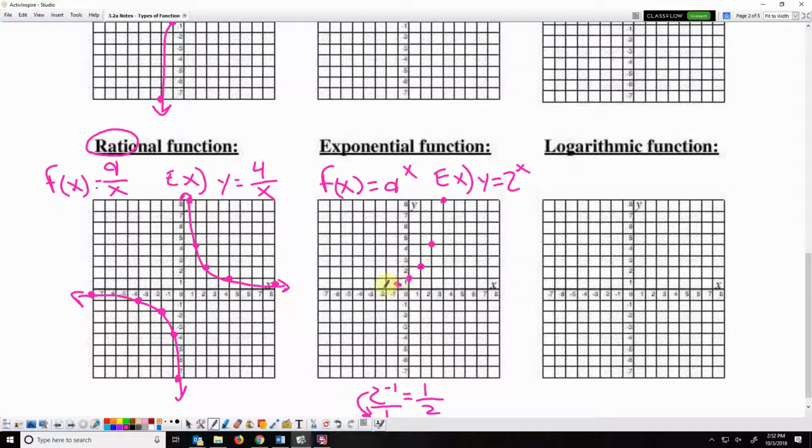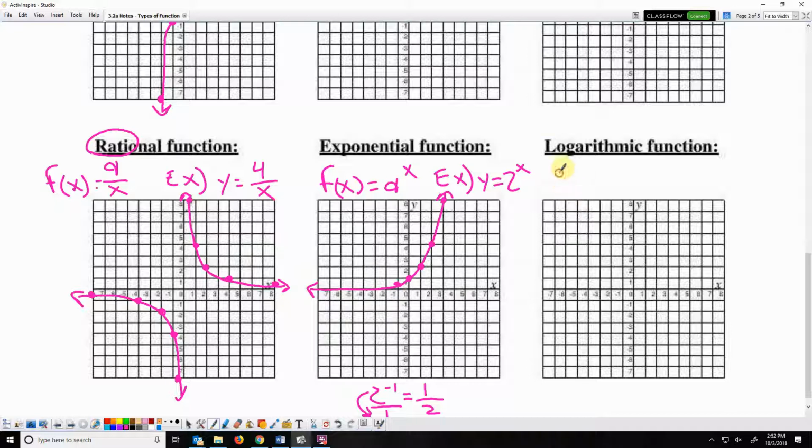Now I don't have the precision here to do any closer to y equals 0 than that. So this graph looks like this, and y is never actually going to reach 0. It's going to hug that axis and get infinitely close to 0. So the x-axis here, where y is 0, is an asymptote.